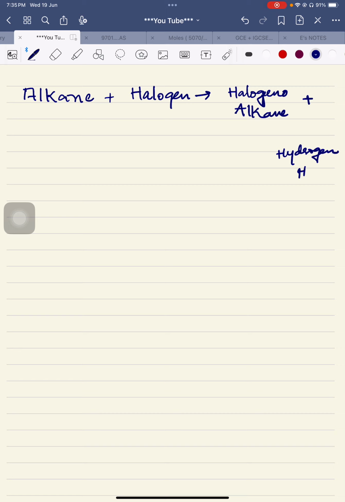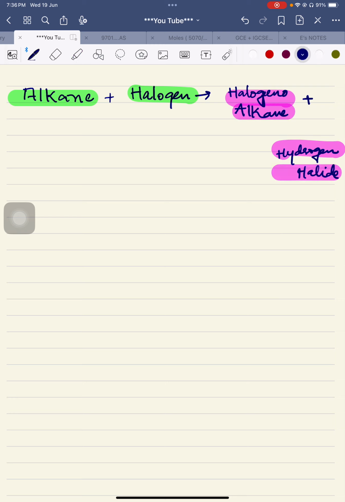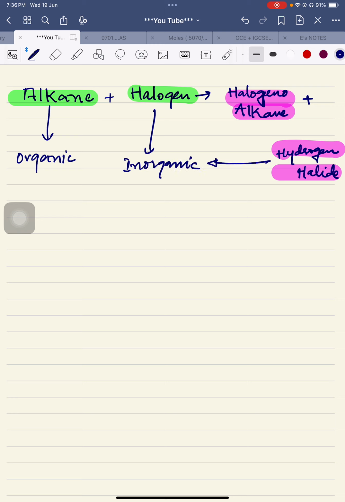Let me inform you clearly that these are different types of things you should know. The alkane is organic in nature, the halogen is inorganic in nature, the hydrogen halide is inorganic in nature as well, whereas the halogenoalkane product is organic in nature. These are the points you should keep in your mind.